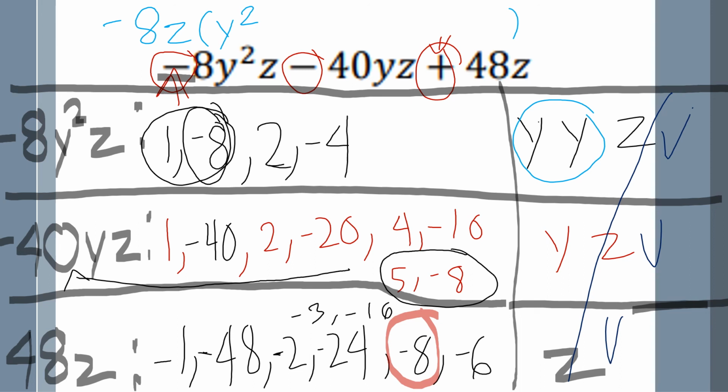Well, -8 times what gives me -40, +5, plus 5, and what I'm left with, y.